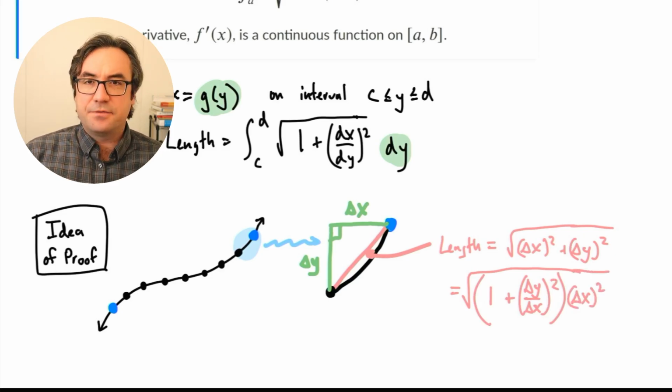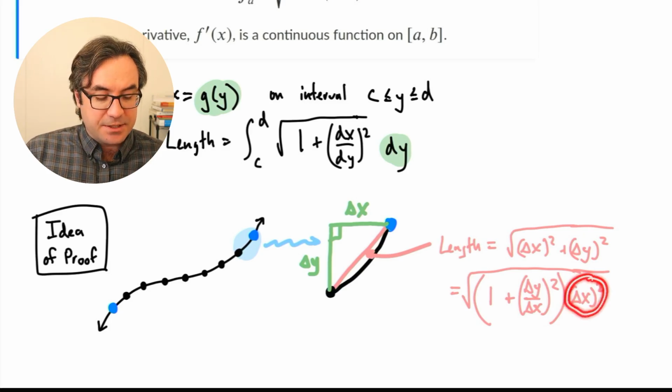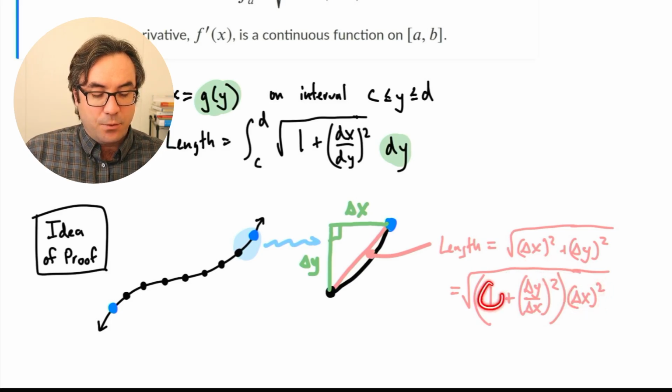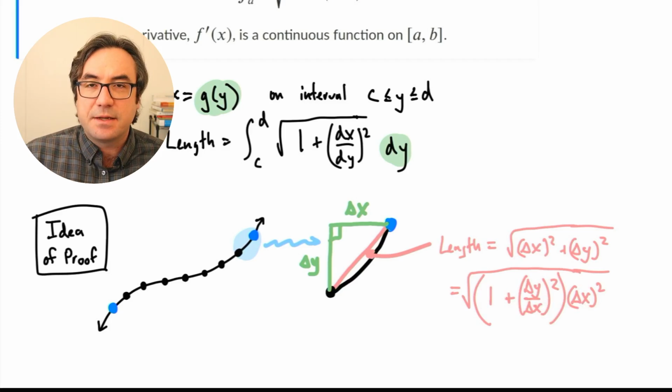So again, you can check: if I were to take delta x squared and distribute it back in, when I multiply it with the 1, I get my delta x squared, and when I multiply it into this fraction, the delta x squared down here would cancel out, and I'd have my delta y squared.